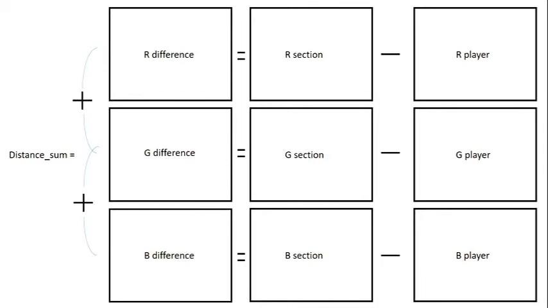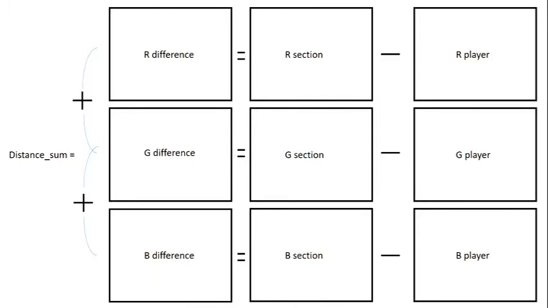And that's why the section has to be the same size as the player matrix, because if they weren't the same, we couldn't form a difference between these two matrices. What we get is RGB difference matrices, which we sum together.